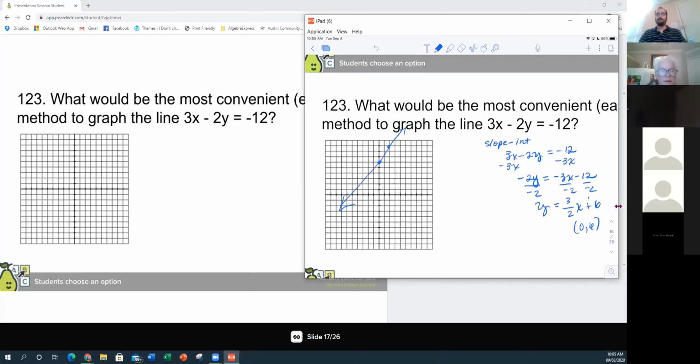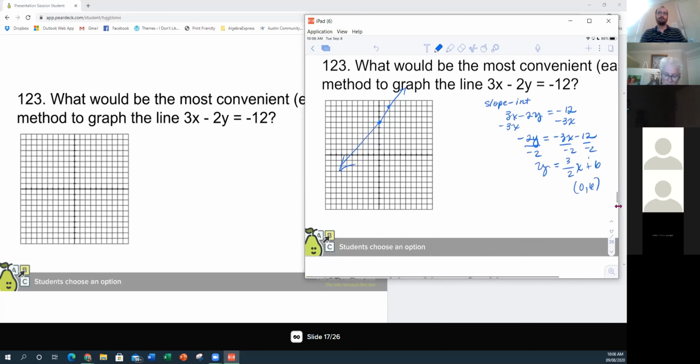Okay, did anyone that did the intercept method tell me what they did? Timothy did great, but another method that I really like is the intercept method, where you just plug 0 in for x and find what y is.